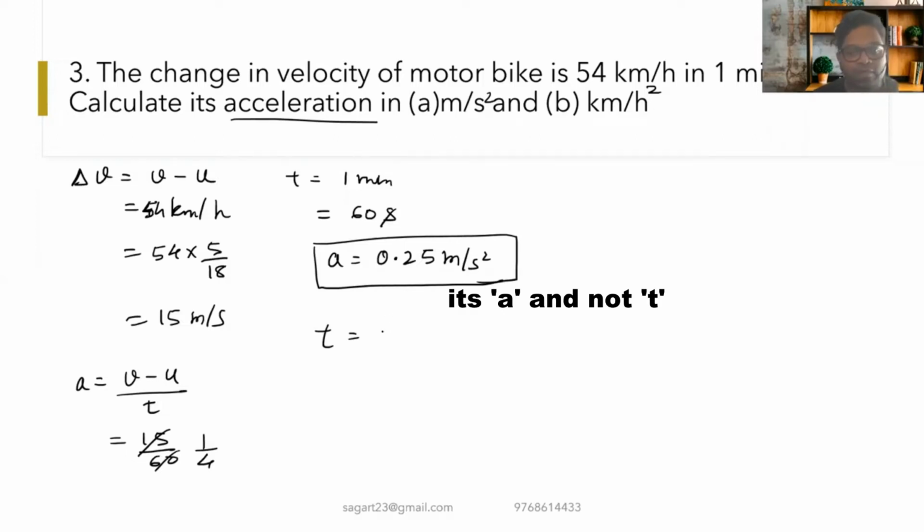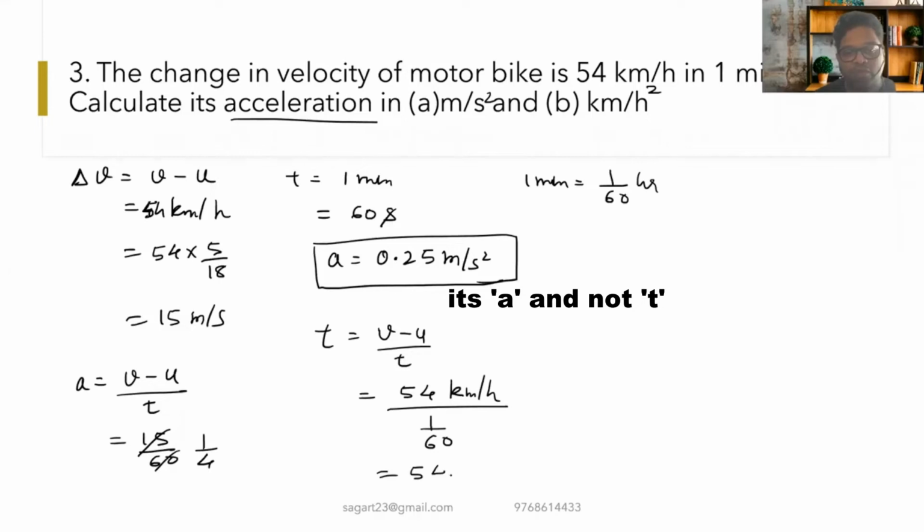So say for example, the change in velocity, that is v minus u upon t. So this is 54 kilometer per hour, and the time also we can express in hours. So 1 minute is equal to 1 upon 60 hours. So this will be 1 upon 60.